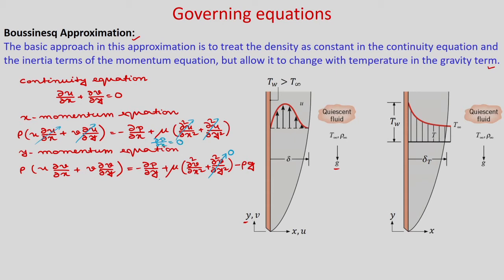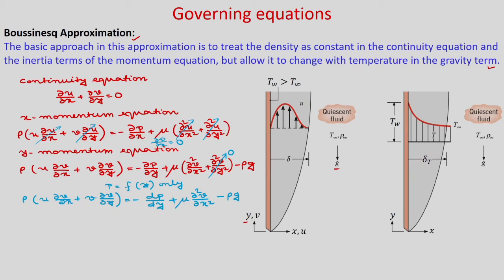And as del p by del x is 0, p is a function of y only, so the y momentum equation you can write as rho into u del v by del x plus v del v by del y is equal to minus dp by dy plus mu del 2 v by del x square minus rho g.